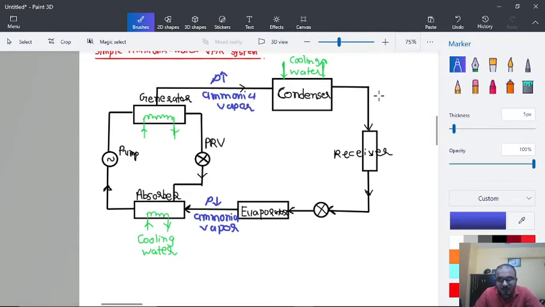Here we have liquid ammonia. Okay, we also missed one thing, that is expansion valve.